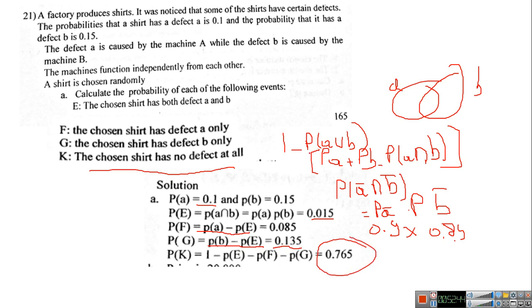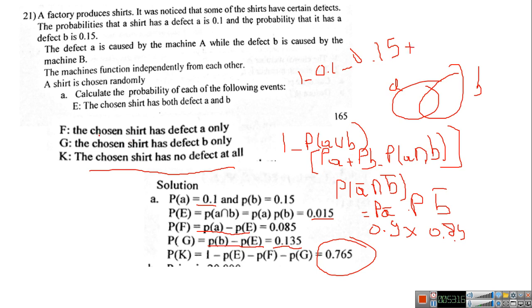Either you do 1 minus P of A union B. You know A union B is PA plus PB minus P of A intersecting B. PA here is 0.1, so 1 minus 0.1 minus P of B, which is 0.15, plus the intersection.